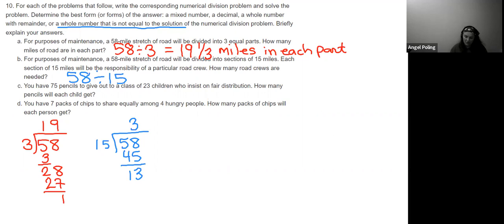And so instead of using 3 remainder 13 or 3 with 13/15, we're going to say that we need 4 crew members or road crews, I guess is how they worded it.